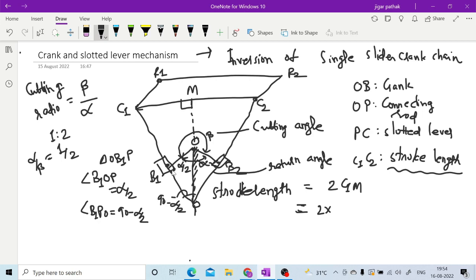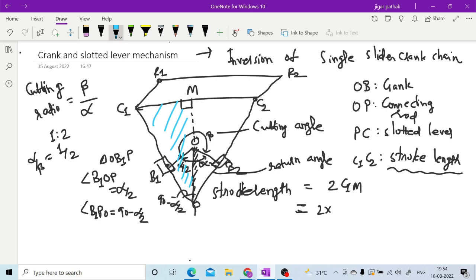If you take this triangle PC1M, then in that you have this 90 minus alpha by 2, and this PC1 is the length of the slotted lever.